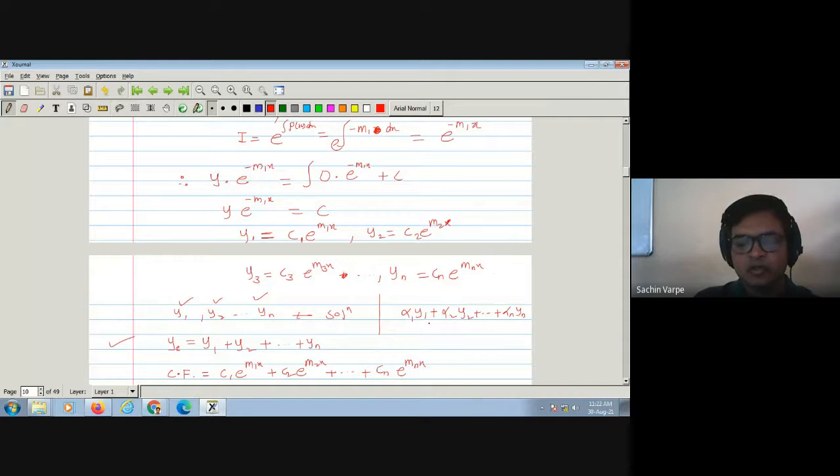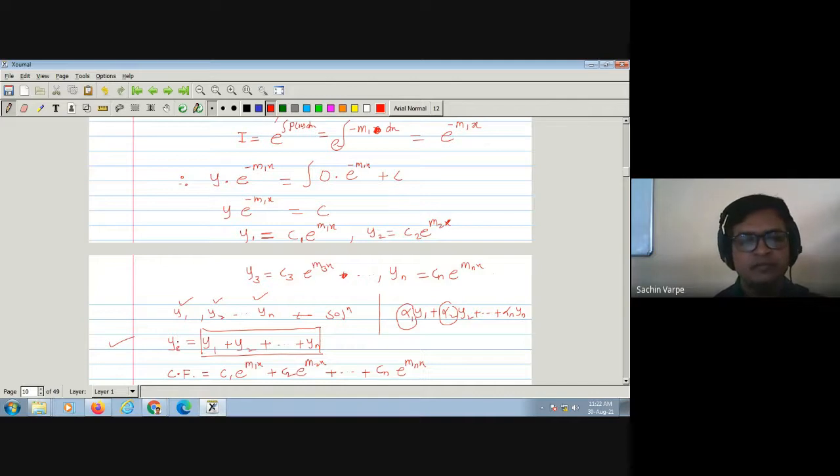This is called a linear combination, but I am taking all the alpha i's to be 1 only. Is this clear? That is my choice because these alpha i's are arbitrary. So since y1, y2, yn are solutions, their linear combination is also a solution. That is the only point. Linear combination means their summation, addition, is also a solution.